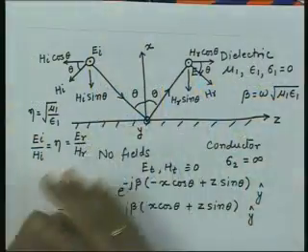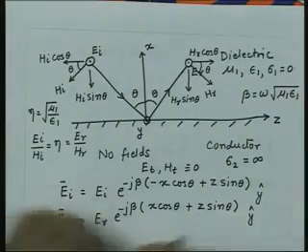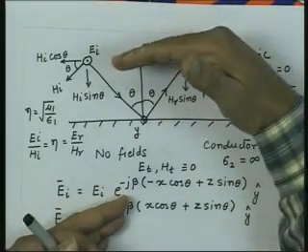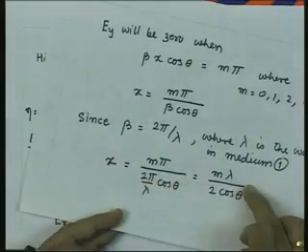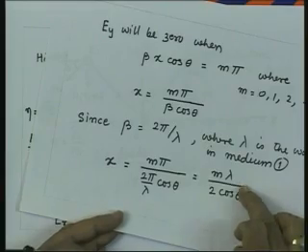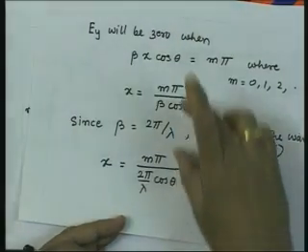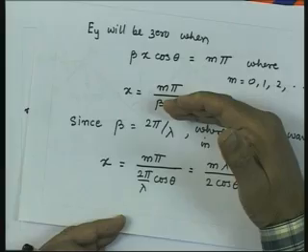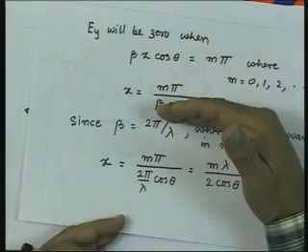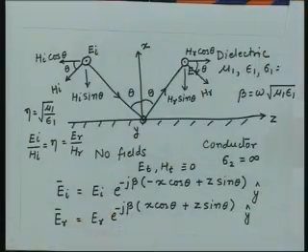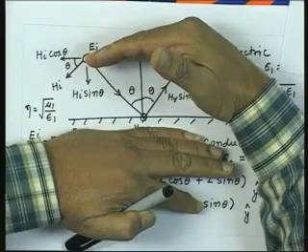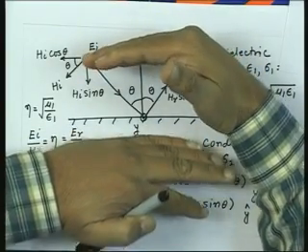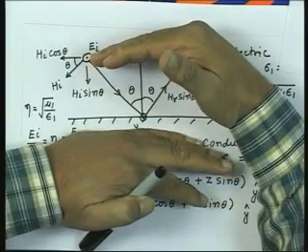At the moment I have a structure which is only bound from this side, and on this side the space is open. But if I introduce another boundary here at a distance which is given by this, then the boundary condition will be satisfied at that boundary. Inherently fields will not get modified, but I would get a bound structure, and that structure will be what is called a parallel plane waveguide.